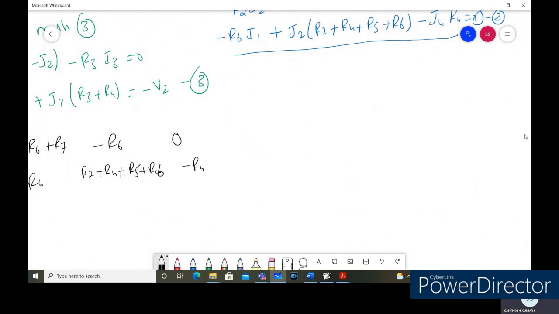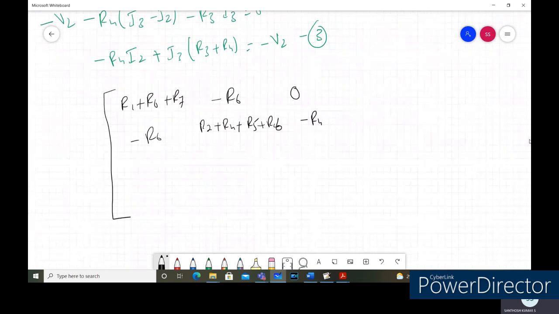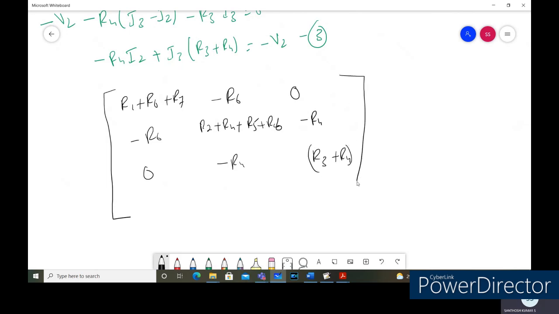And similarly for equation 3, we have 0 for I1, minus R4 for I2, and R3 plus R4 for I3. So these are the terms we have.